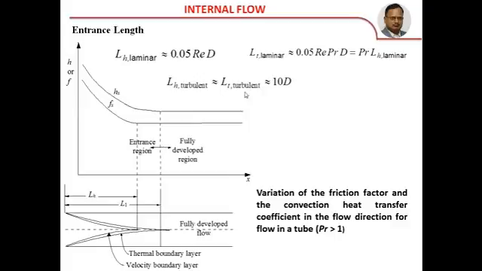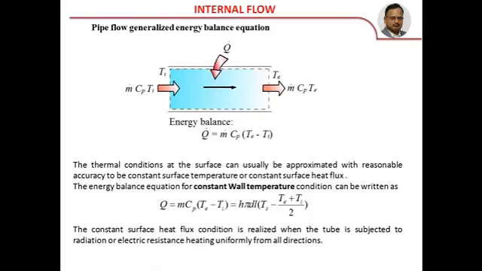So it is more. In case of turbulent flow, both thermal entrance length and hydrodynamic entrance length will remain almost equal and vary from 10 to 20 d. Generally they take it as 10 times d, could be even 20 d also. We cannot exactly predict where the flow becomes fully developed.